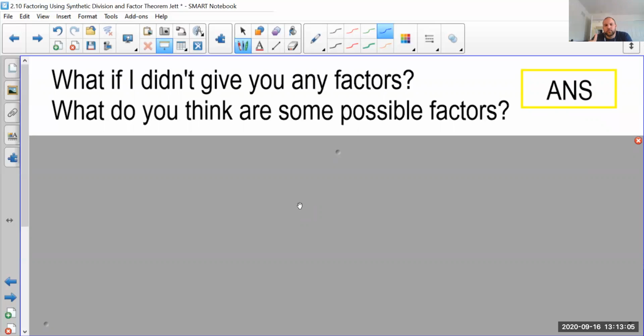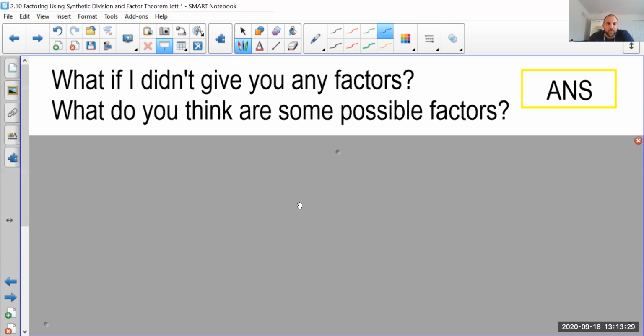It's not 2 terms, it's not 3 terms, you're not able to group it. What if we can't do all of those methods, and I don't give you a factor to go straight into synthetic division? What we're going to have to do is find possible factors.